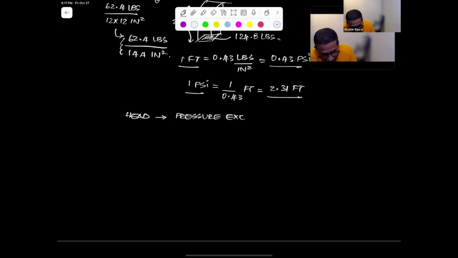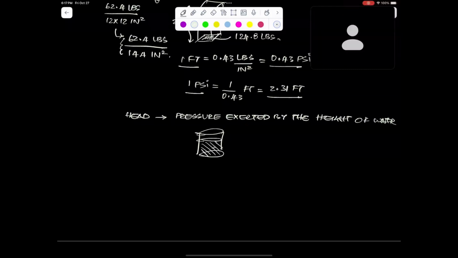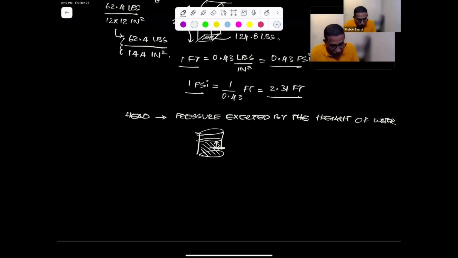So basically pressure exerted by the height of water. So if I have a tank, and it is filled with water, this water is going to exert a certain force, and that force is going to be dependent on how much height of water is above a certain point.